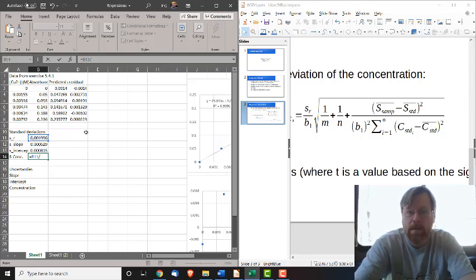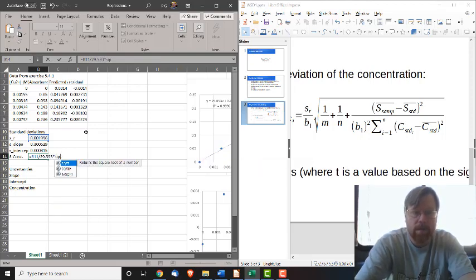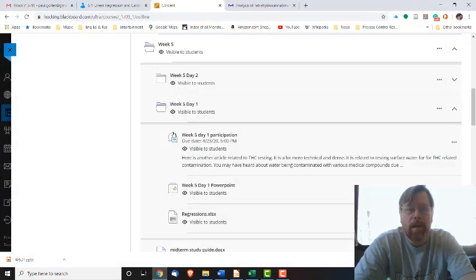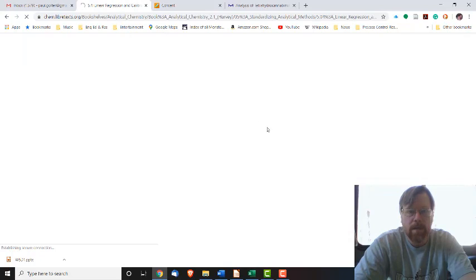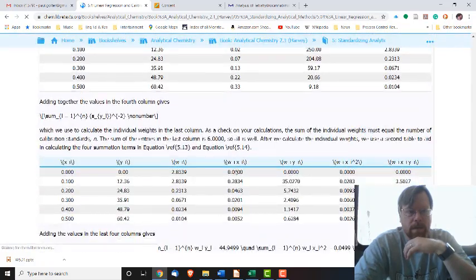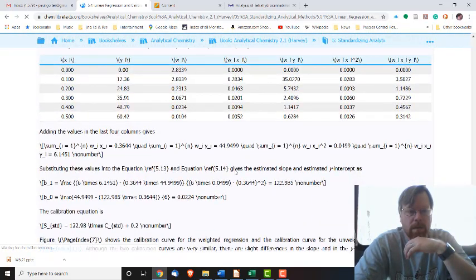Our slope is 29.593 times the square root. That is the wrong equation. Shoot. So what I've done there is grabbed, you have to wait for this to load all the way.